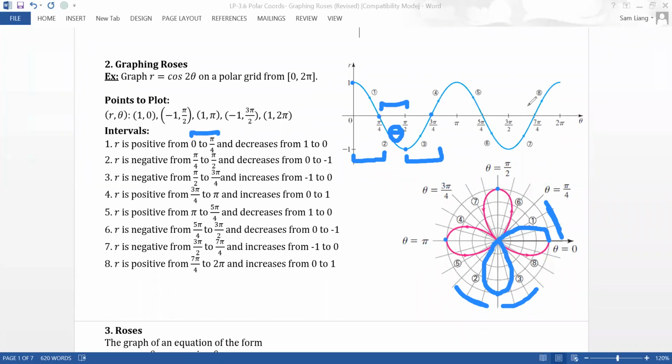Okay. Well, for the sake of your notes, please make sure you copy down the intervals. You don't have to copy down the rectangular grid again, but also please do have a sketch of the rose.